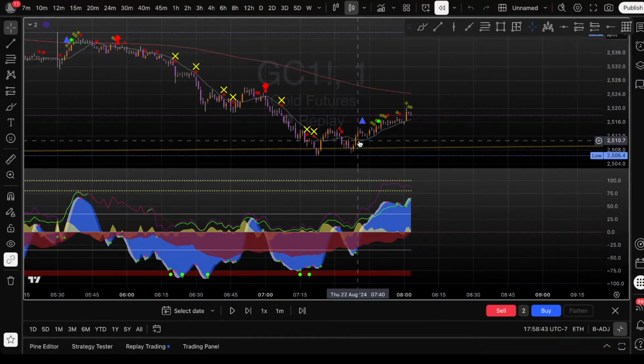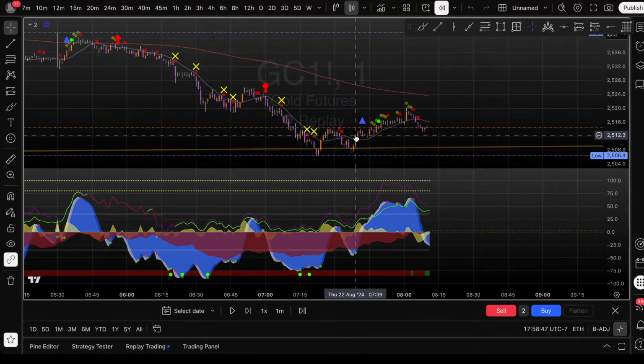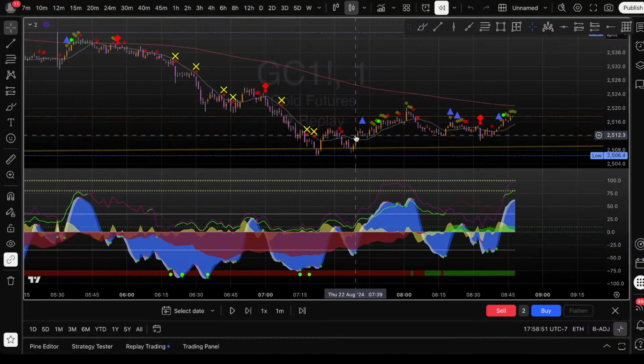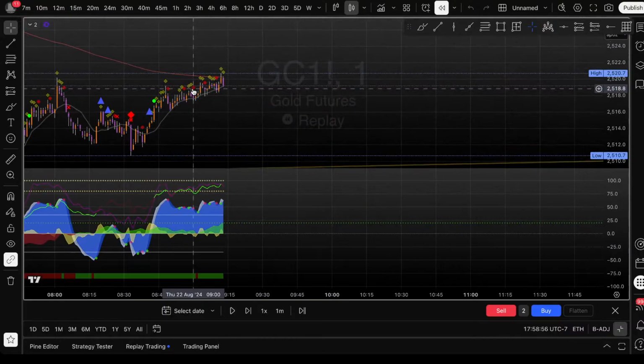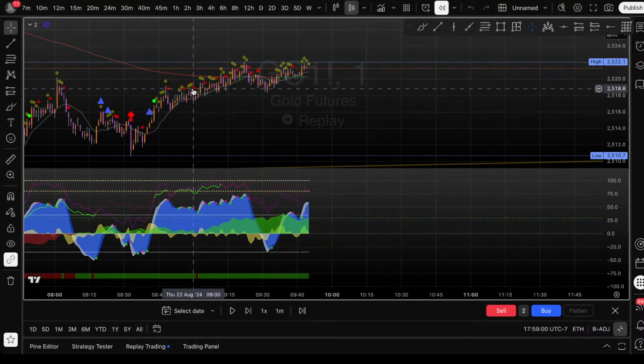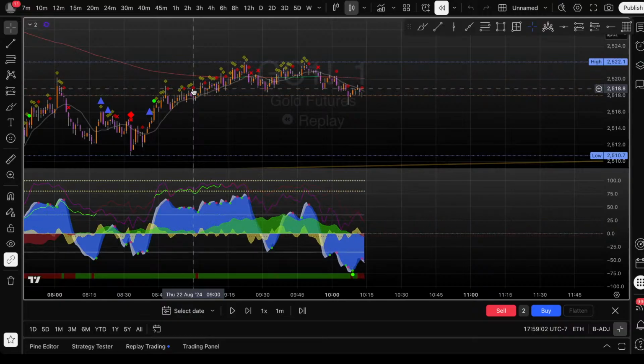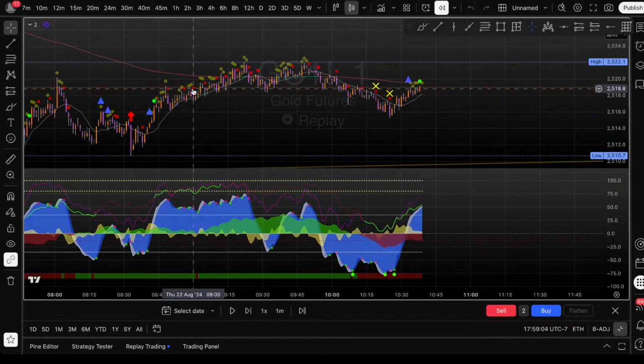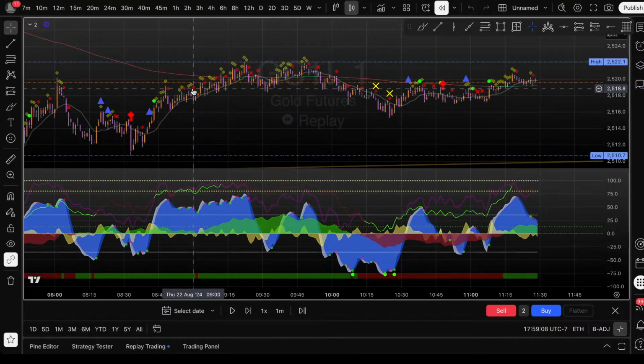This would be the perfect time to get out right here. And it moved sideways all the way to the next start of the trading day, 1500.